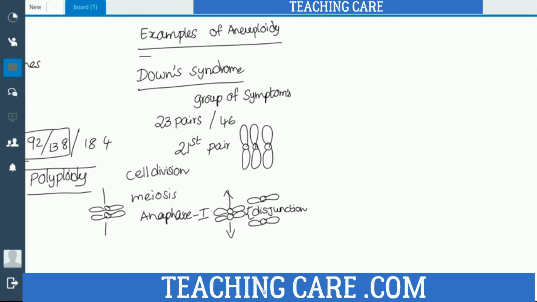But here both chromosomes will go to one end. So instead of getting one, they will get two. This is what happens if disjunction does not take place properly.